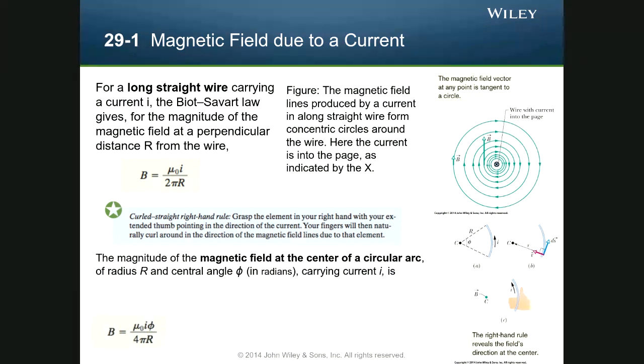So first we always want to write down the law we're working with, right? So we have dB equals mu naught over 4 pi times I dl cross r hat over r squared.